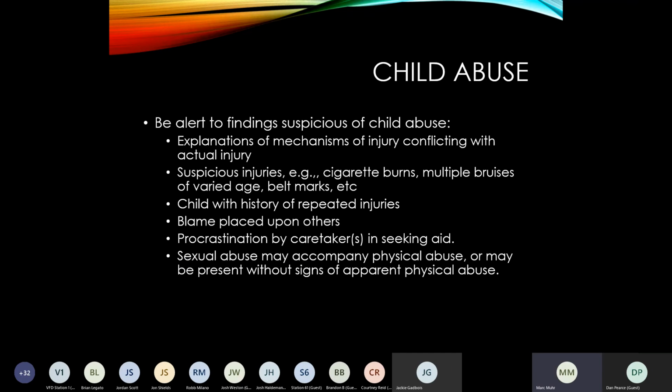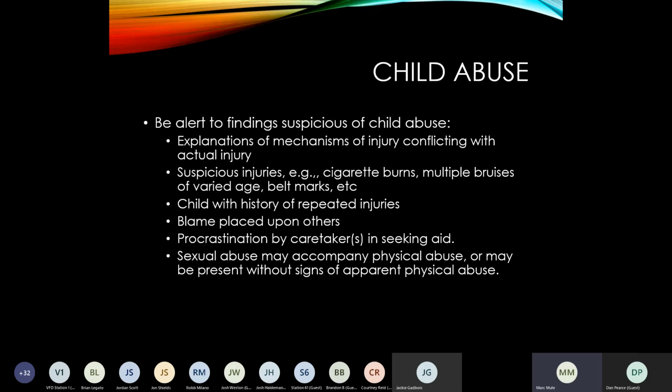Be alert to suspicion of child abuse, especially in younger kids that have sustained trauma that may not be explainable. The mechanism of injury and their presentation and the explanation of same is conflicting.